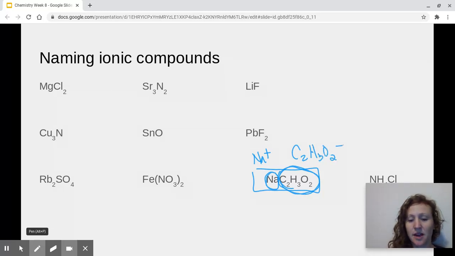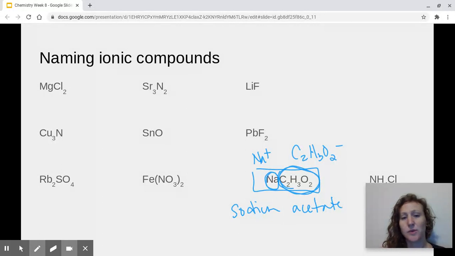So the name of this compound is sodium acetate. Now, recognizing those polyatomic ions definitely is a skill. It definitely takes some practice, and memorizing those polyatomic ions is the easiest way to go about making sure you can recognize them inside of compounds.